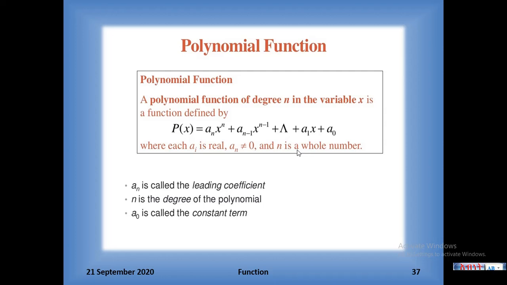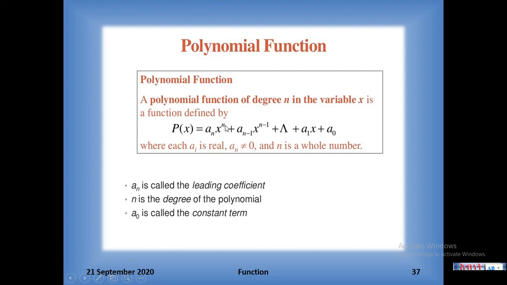N is a whole number. So a_n is called the leading coefficient. N is the degree of the polynomial. And a_0 is called the constant term. This is the constant term, this is the leading coefficient, and this is the degree of the polynomial function.